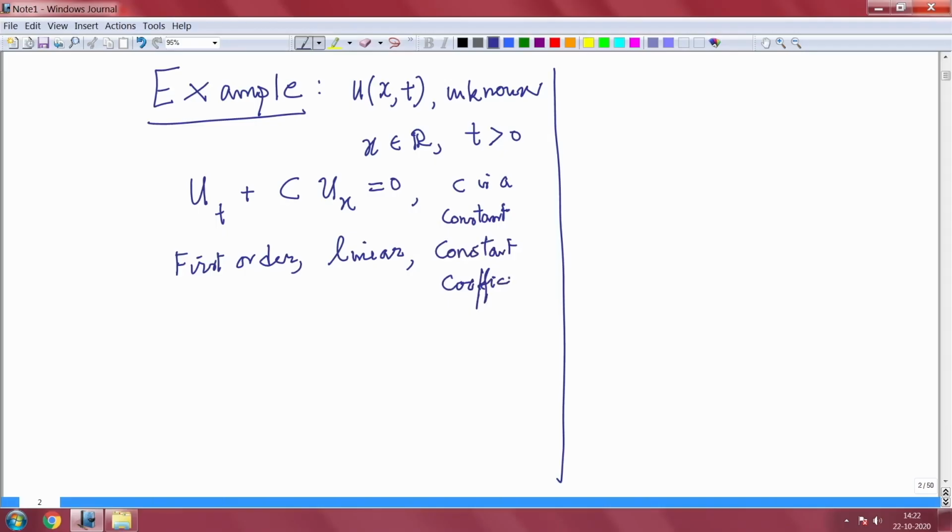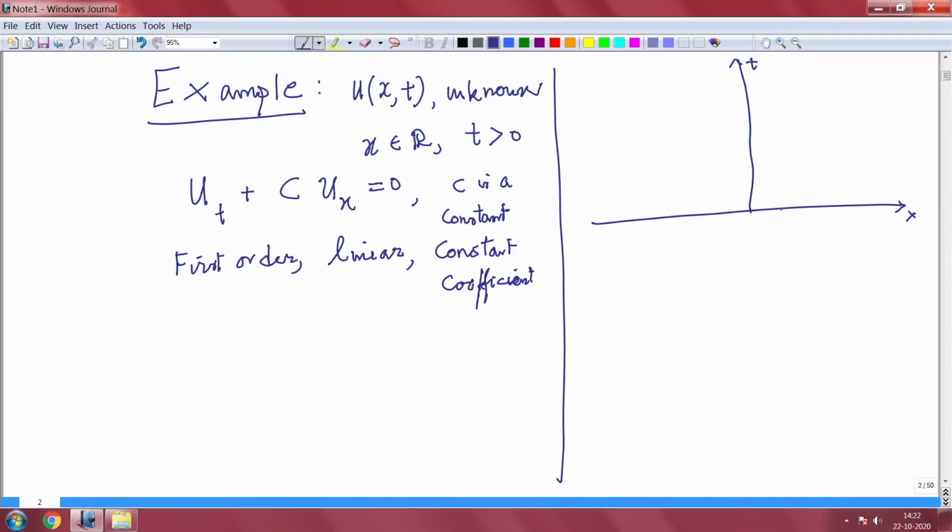So, I am going to solve this problem. You may have many questions after solving this problem. So, the problem is in the upper half plane. This is your x, this is the t variable. What I am going to do is introduce a curve.